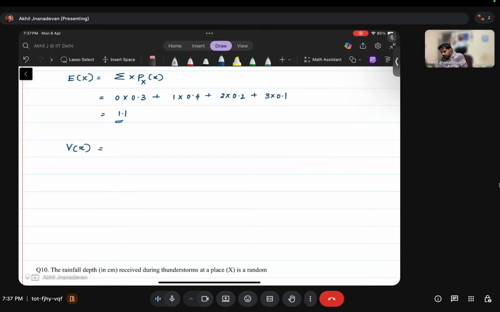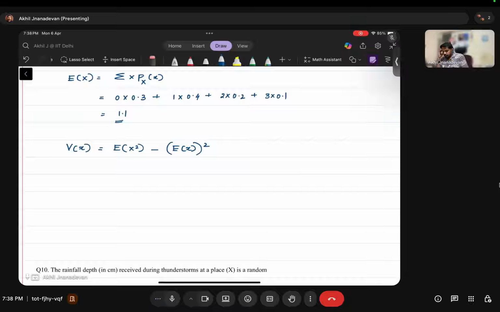V of X can be calculated as the expectation of X square minus the expectation of X, the whole square. So this is the formula to find the variance.